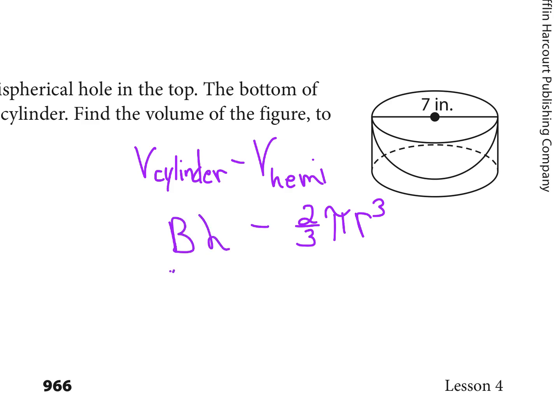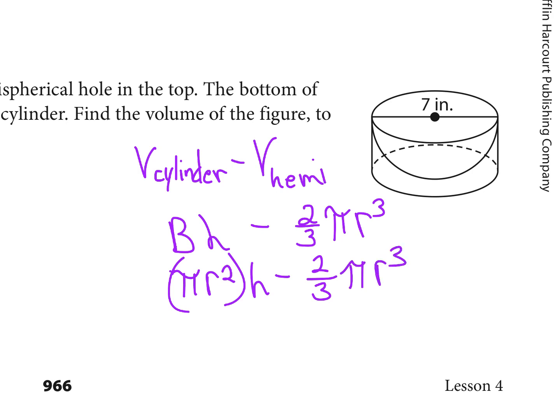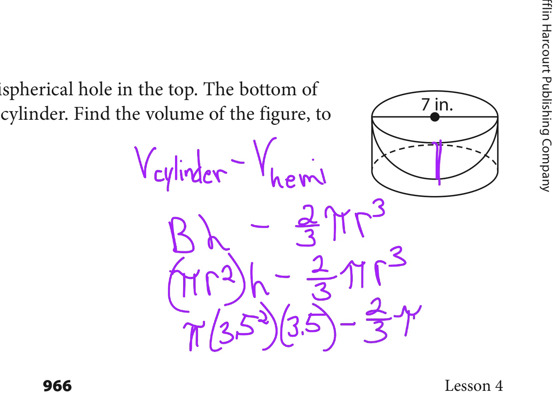The base is a circle. My radius is 3.5, and so is my height, because right here is another radius. And there you go. Well, that's 18 in a nutshell.